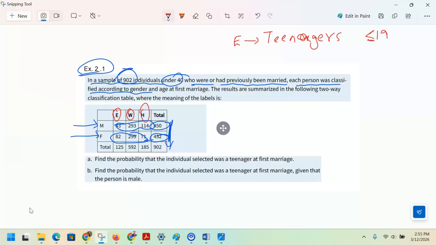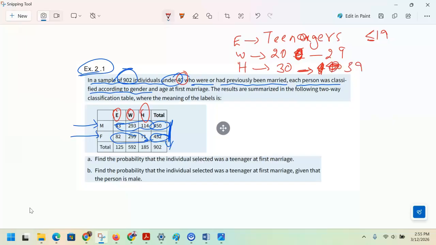W is those who got married at the age from 20 to 29. And H stands for those who got married for the first time at the age of 30 to 39, or we'll say 40 because under 40, so until 39.